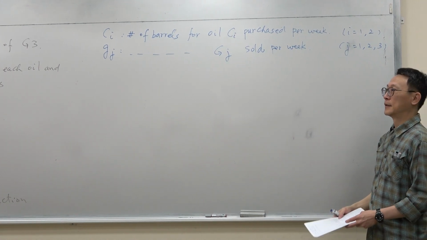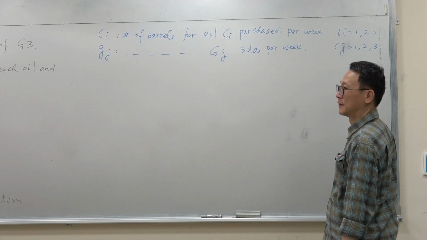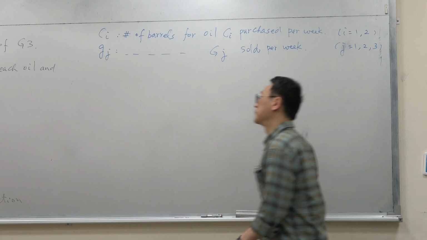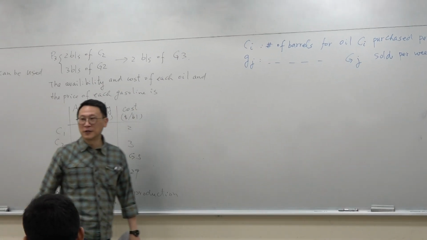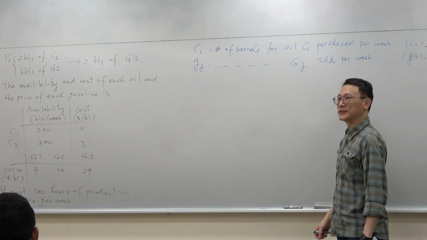Okay. So do we need another index? I think we need another index of process. Process, yes. We need process because we have running costs and also we have an hours limit.